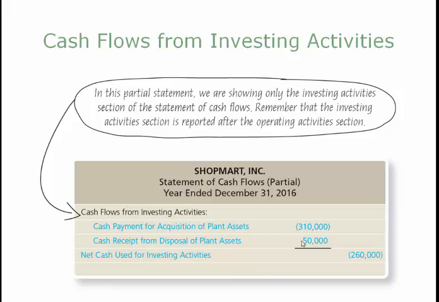Now, if you had a business where this was a positive cash flow, always a positive, you might be concerned. Because what that's telling you is that they are selling off portions of the business that they could be using as productive assets. And so they might do that in the short term because the business is struggling on the operating side. But in the long term, that is not sustainable.